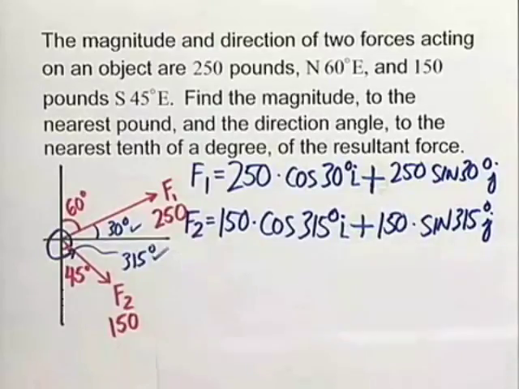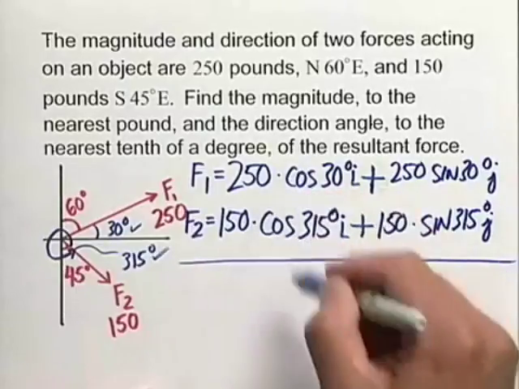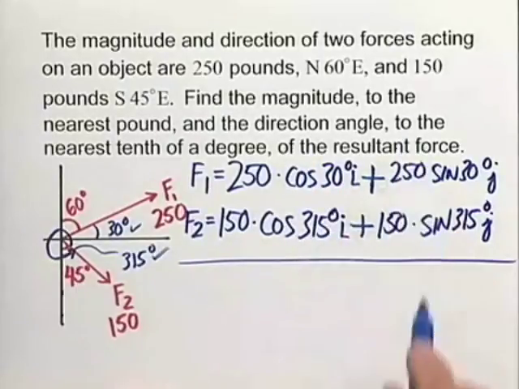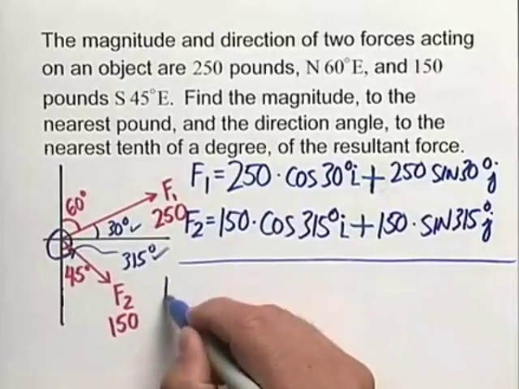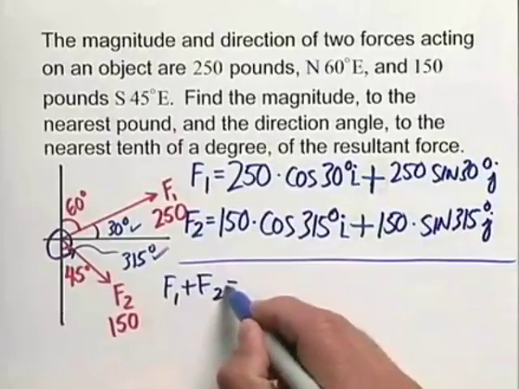Now you can plug this into your calculator, but in essence what's going to happen here, we're going to add the i components, we're going to add the j components, and that will give us the resultant vector F1 plus F2.